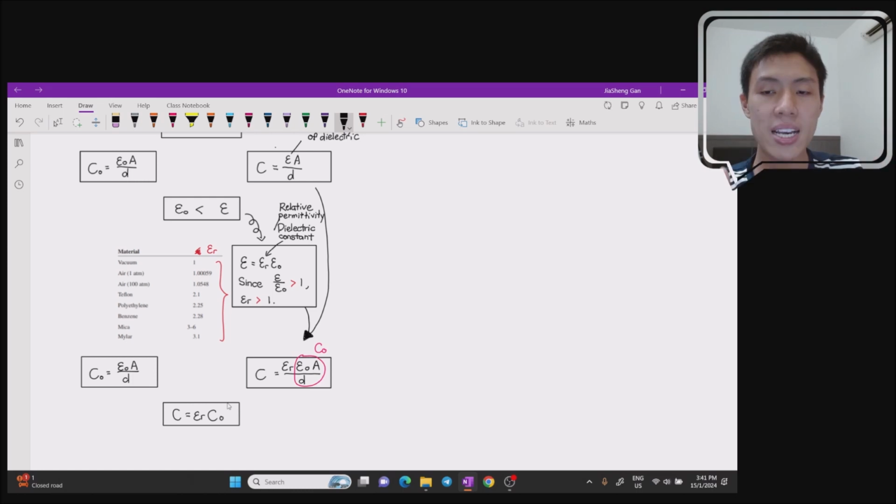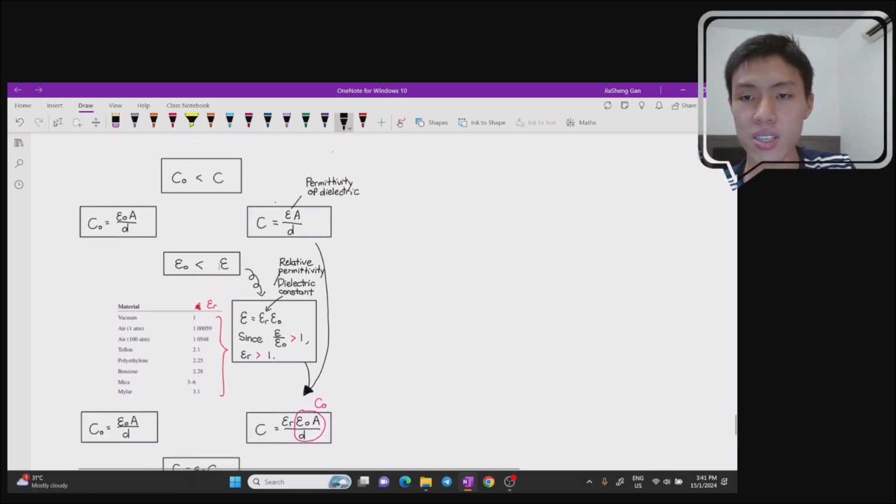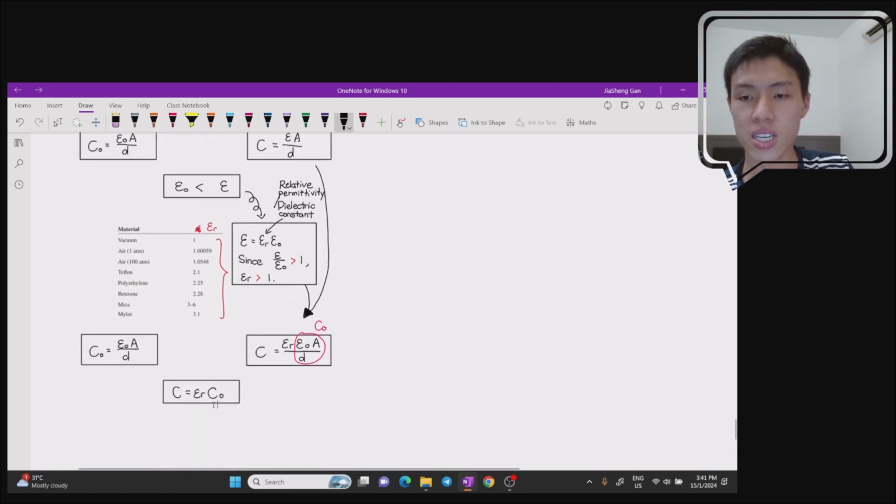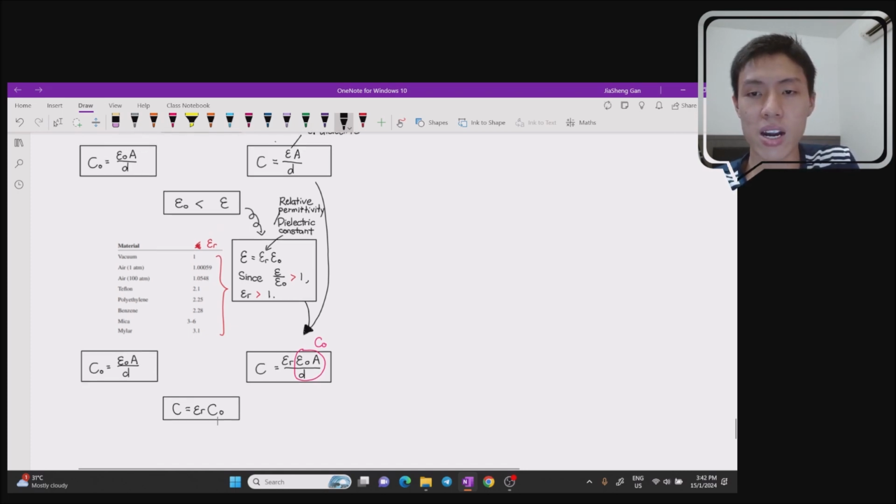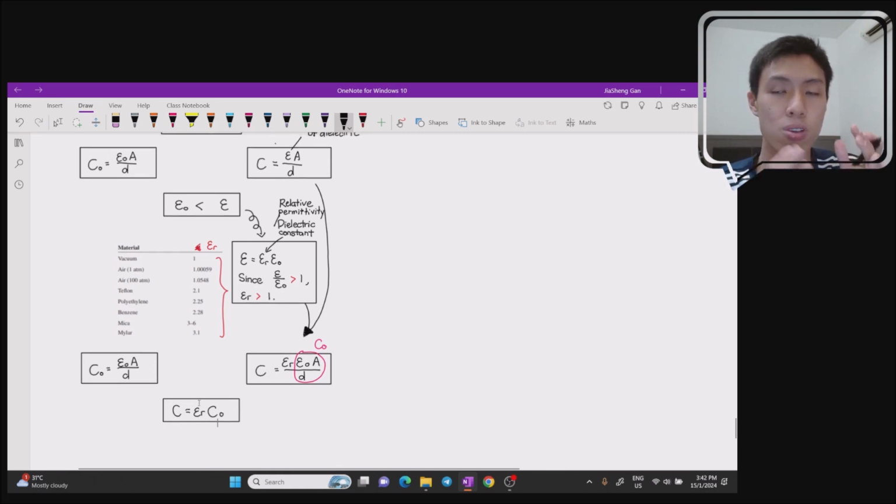By saying that the permittivity improved by this much, we can also say that the capacitance improved by this same amount. Let's say epsilon r is 2, meaning the capacitance improved twice, then it becomes twice the original capacitance after you insert the dielectric. So the same epsilon r here represents the relationship between the capacitance before insertion of dielectric and after insertion of dielectric.